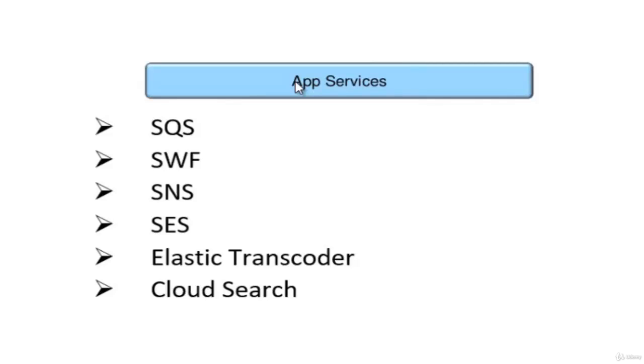So instead of developing this solution at your own, we can use Amazon Cloud Search Service. Amazon Cloud Search Service supports 34 languages and popular search features such as highlighting, autocomplete, and geospatial search.